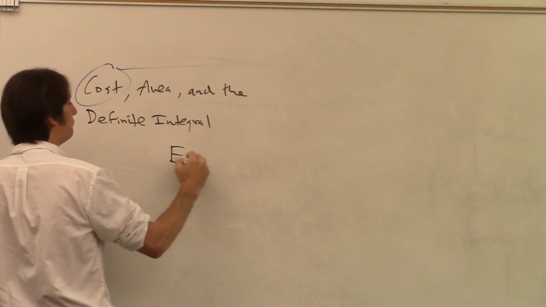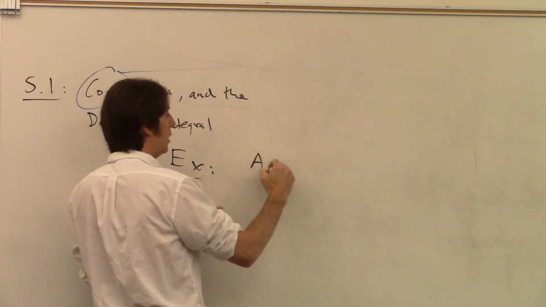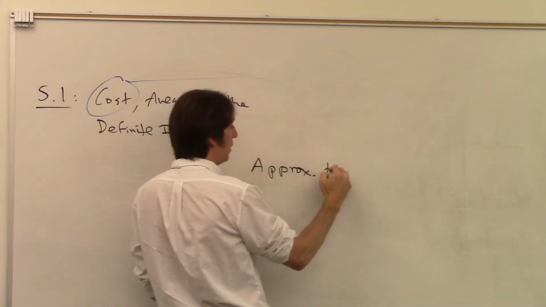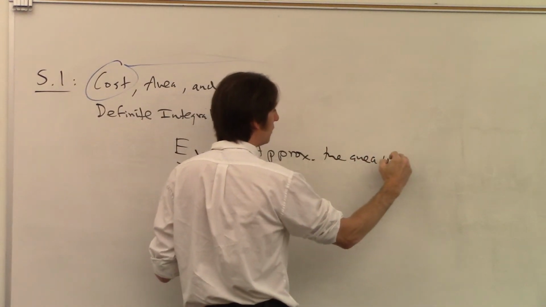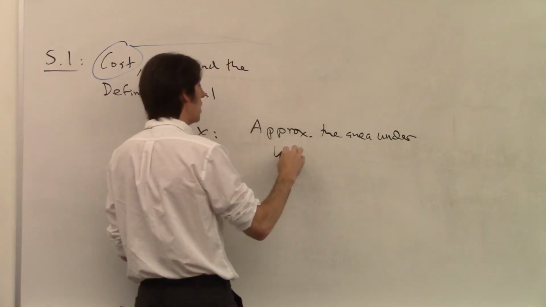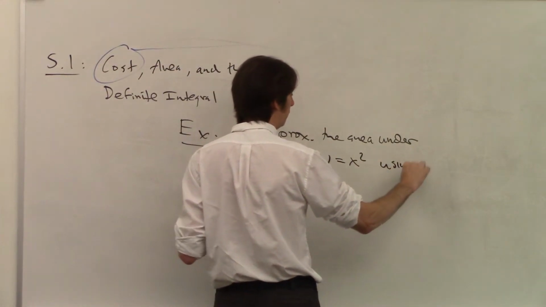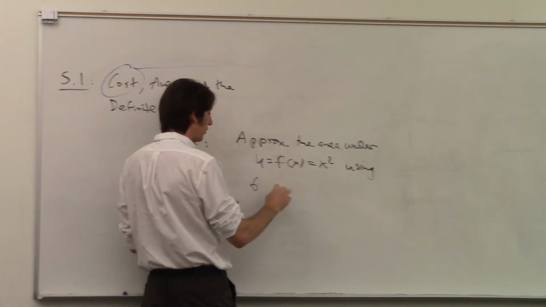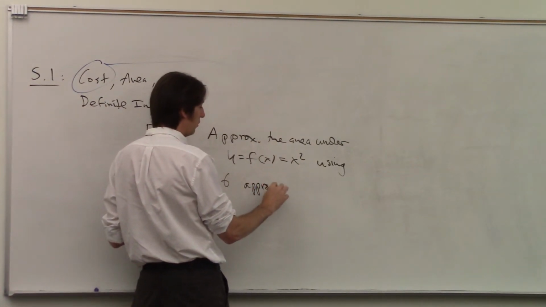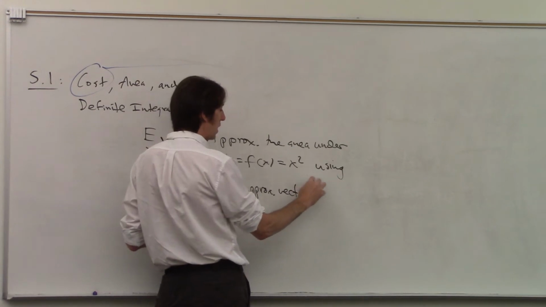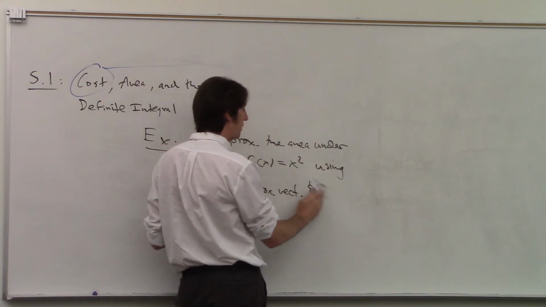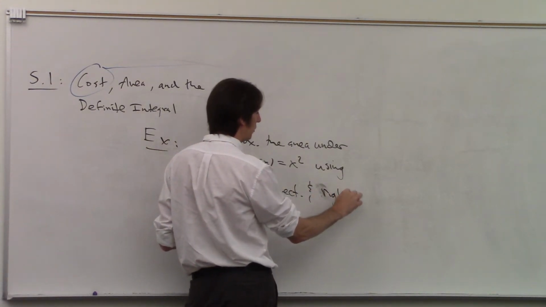So for this example, let's try to approximate the area under y equals f of x equals x squared using, say, 6 approximating rectangles, and let's use right endpoints.